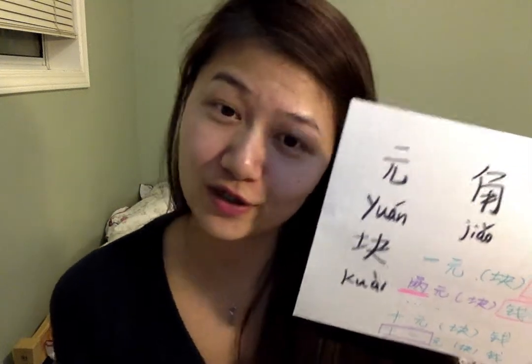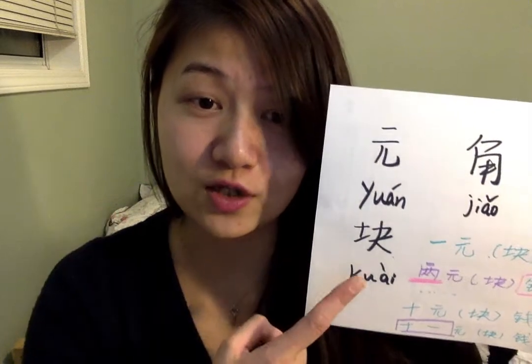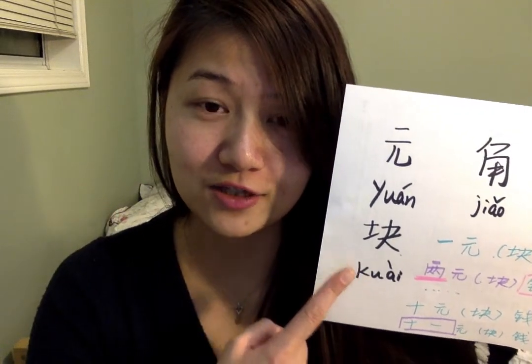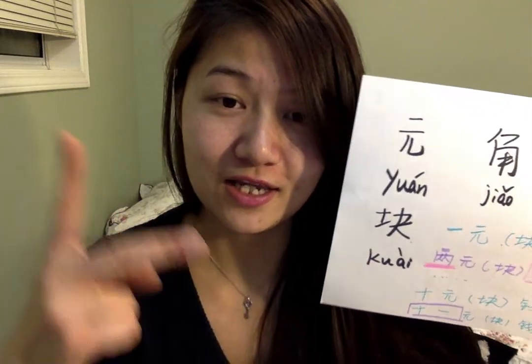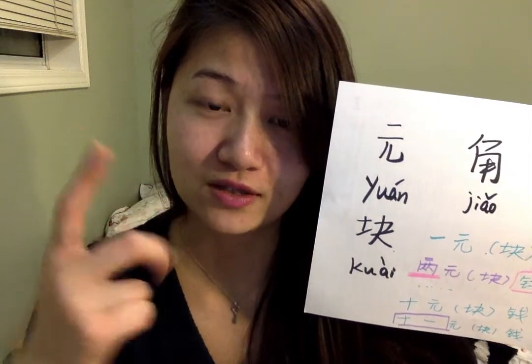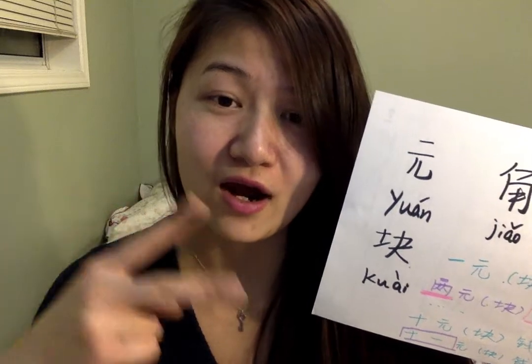Remember the numbers we learned in the last video: 1, 2, 3, 4, 5, 6, 7, 8, 9, 10. So 一元, you can also say 一块. And 两元, you can say 两块, rather than 二元 or 二块. Sometimes you can say that, but it's a little bit weird. We say 两块. Make sense?